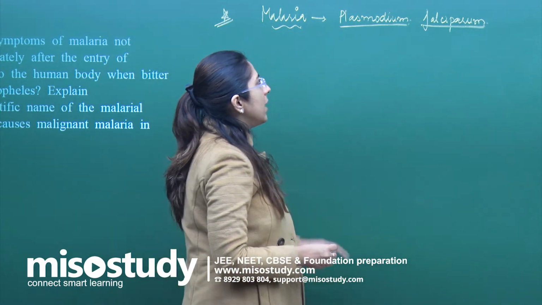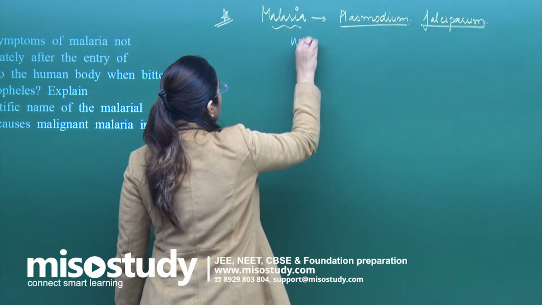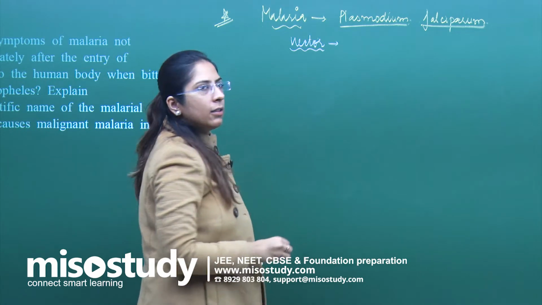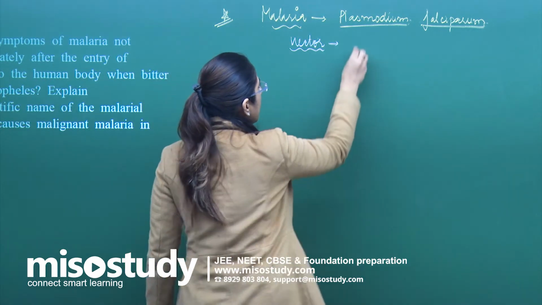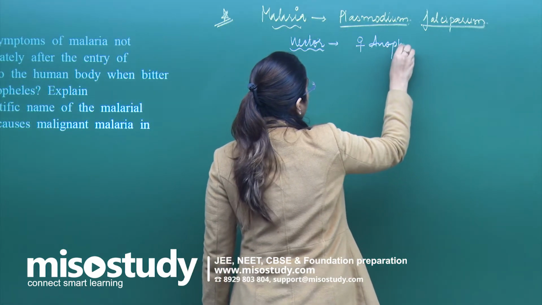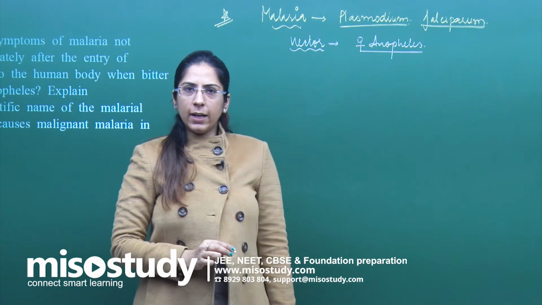So, this causes malaria. For that, we require a vector. And what is a vector? Vector is a female anopheles. It is a female anopheles, right?